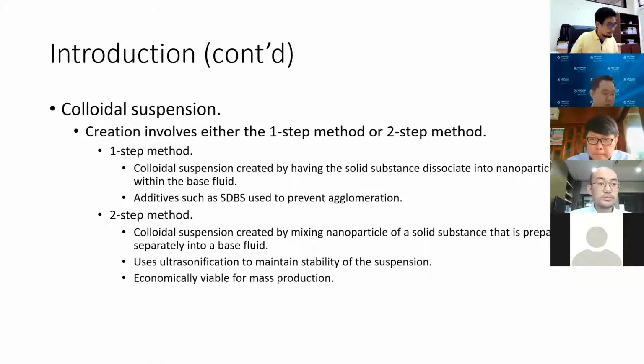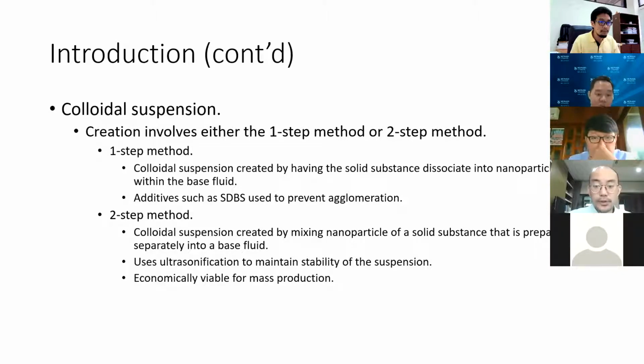Colloidal suspension. The creation of colloidal suspension involves either a one-step method or a two-step method. What is the one-step method? The one-step method is where the colloidal suspension is created by having the solid substance dissociate into nanoparticles within the base fluid, and then we add an additive such as SDBS, or surfactant, to prevent agglomeration.